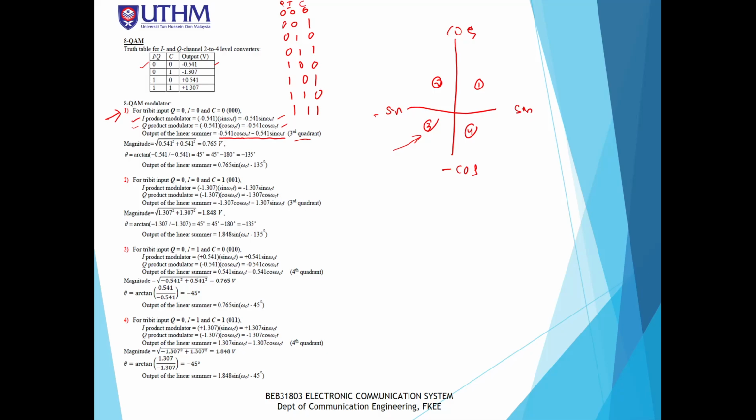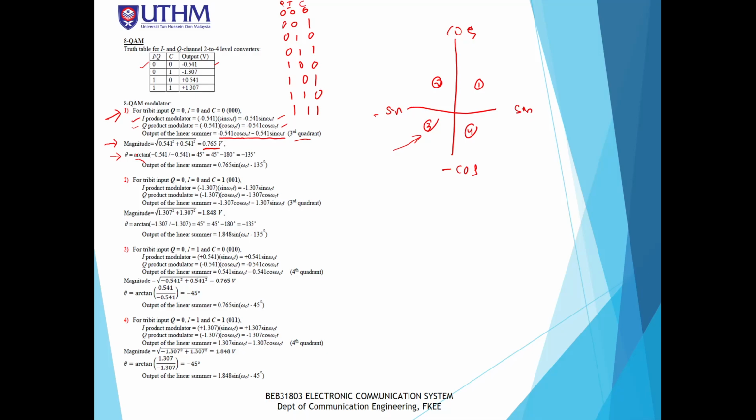What we do is we try to find the magnitude and also the phase in order to simplify the equation. The magnitude is the square root of 0.541 squared plus 0.541 squared. So we get the magnitude of this equation as 0.765. And then the phase theta, we are going to find the arctangent.